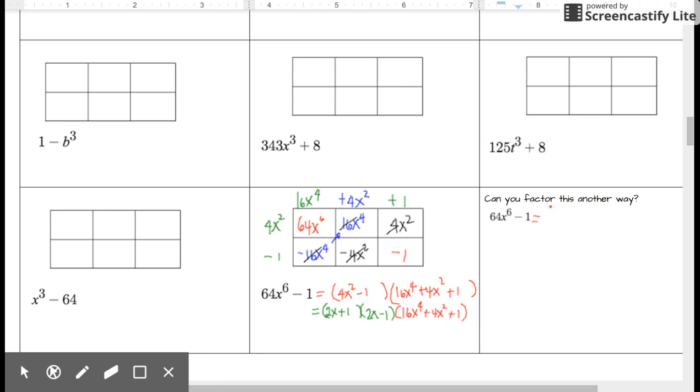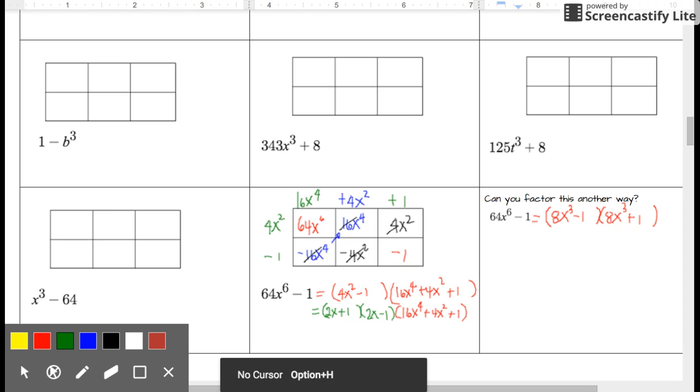So therefore, if I think of this as a difference of 2 squares and not a difference of 2 cubes, then I can factor this as 8x cubed minus 1 times 8x cubed plus 1.